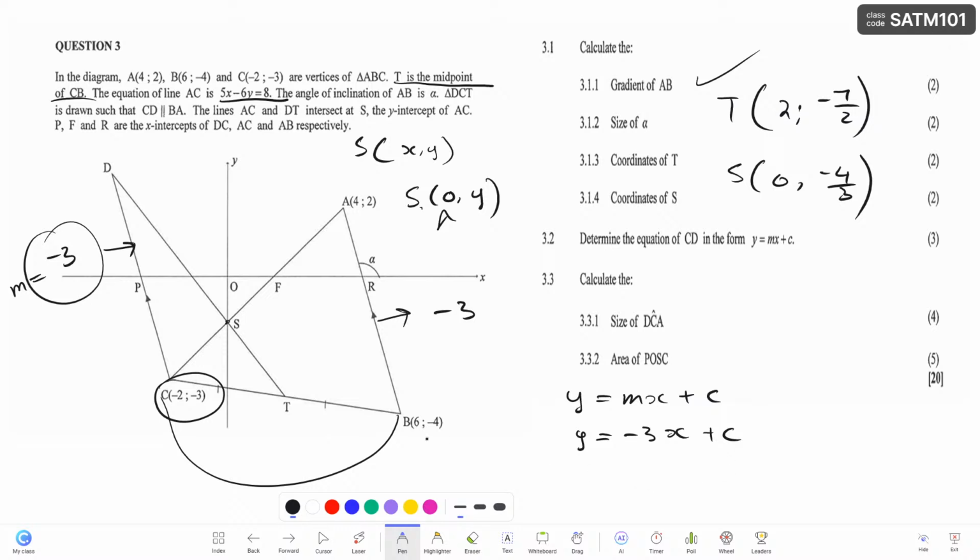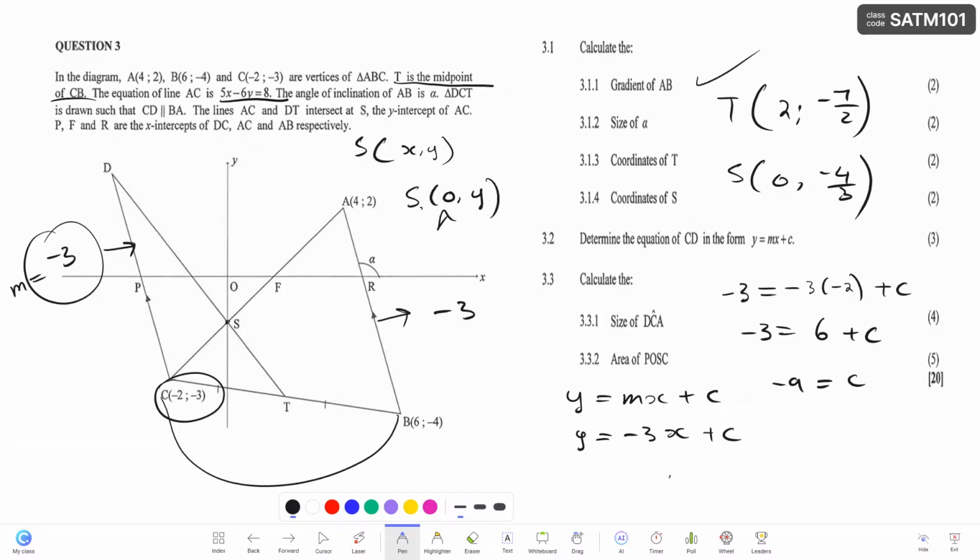So you know the values of x and y. You use this point. So you're going to say y is equal to -3, and then substitute x, plus c. So this one is going to give us 6 plus c. So taking 6 to the other side is going to give us -9. So our c is -9.